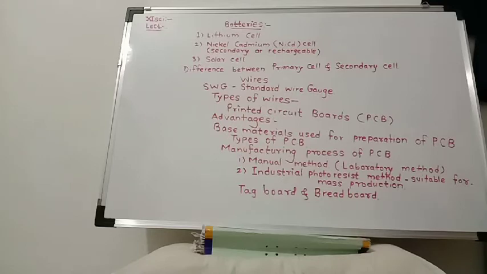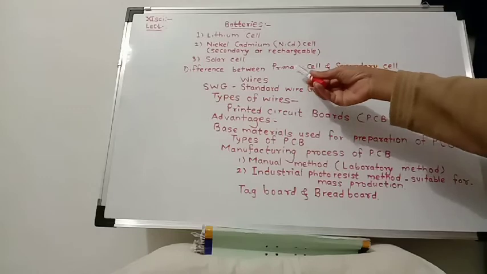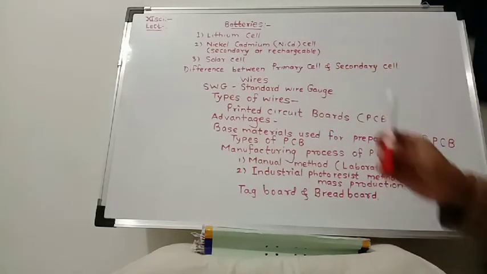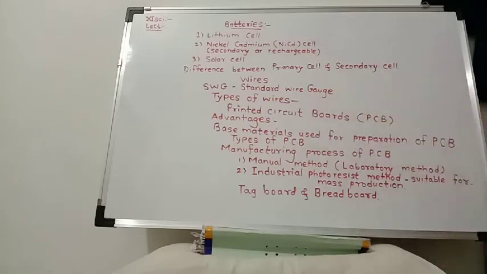And then the third difference is that primary cells are low cost, meaning the price of primary cells is less than secondary cells. These are low cost cells, and secondary cells are expensive and large in size. Now the weight of primary cells is very low.